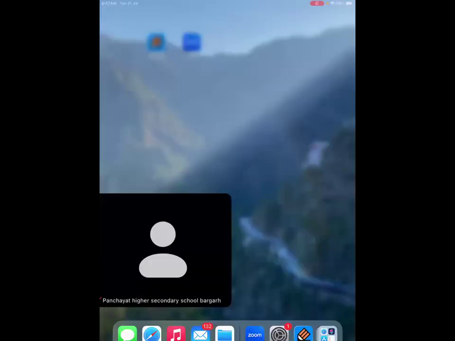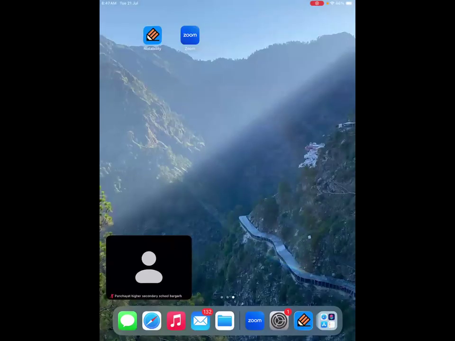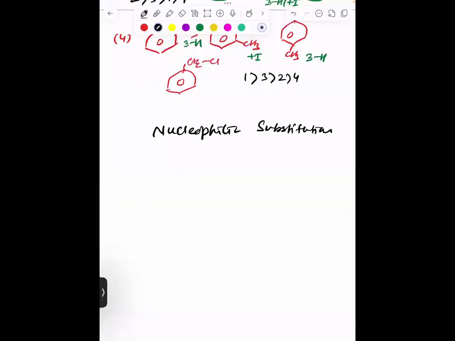So how to represent the nucleophilic substitution reaction?